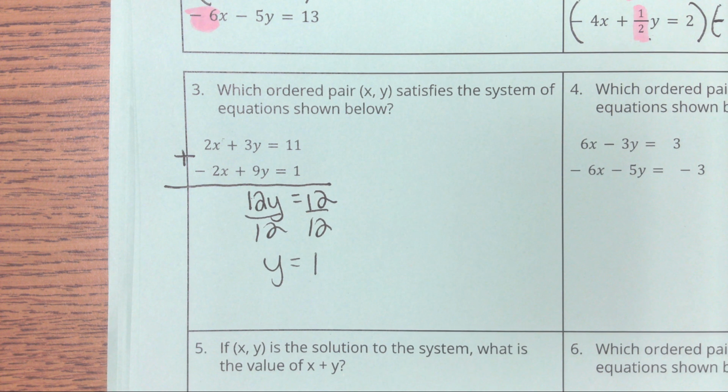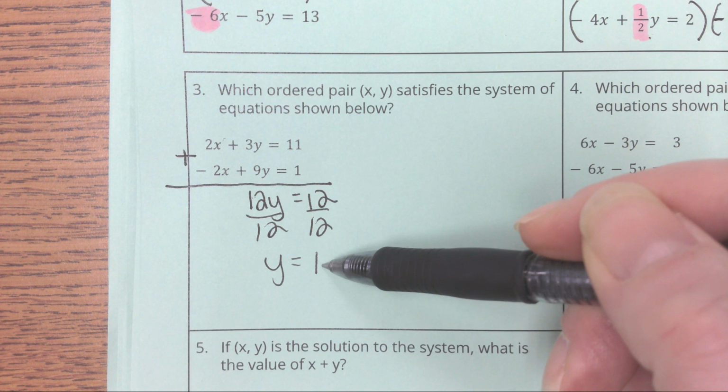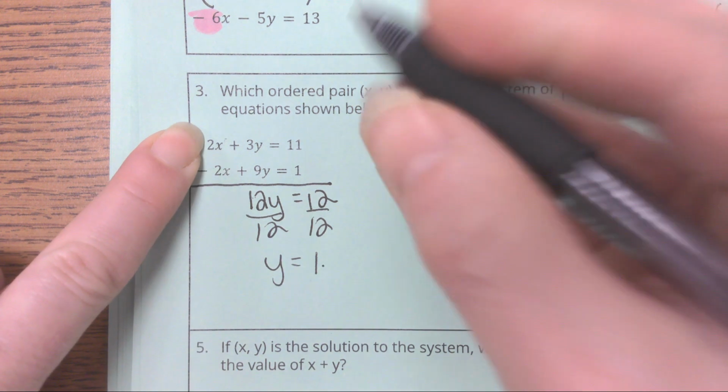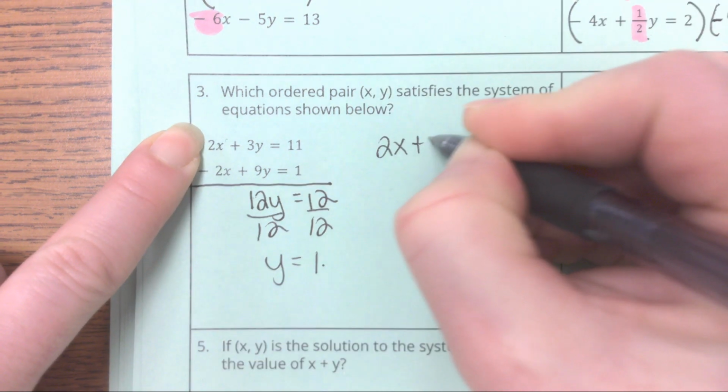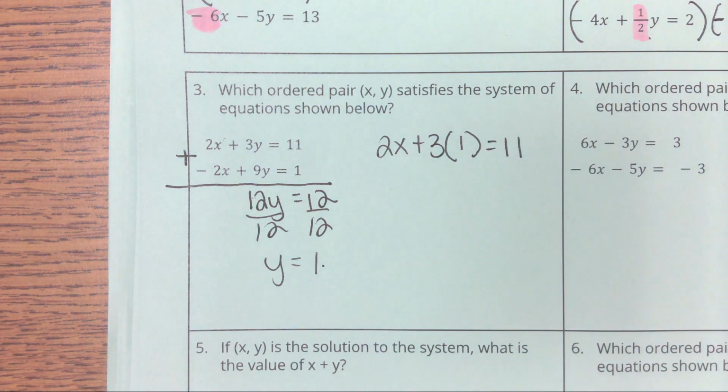You have to find x, right? So what we're going to do next is take, in one of our two equations, the y and replace it with the value we found. I'm going to do the top one. If you want to do the bottom one, you should get the same answer. So up above, I go 2x plus 3 times 1 equals 11. Would you solve that for me, please?